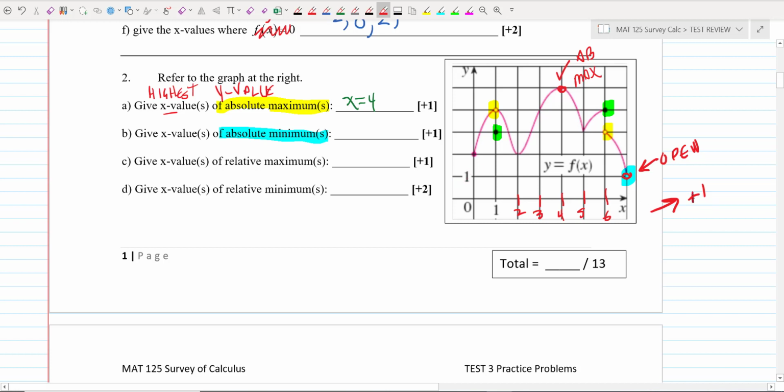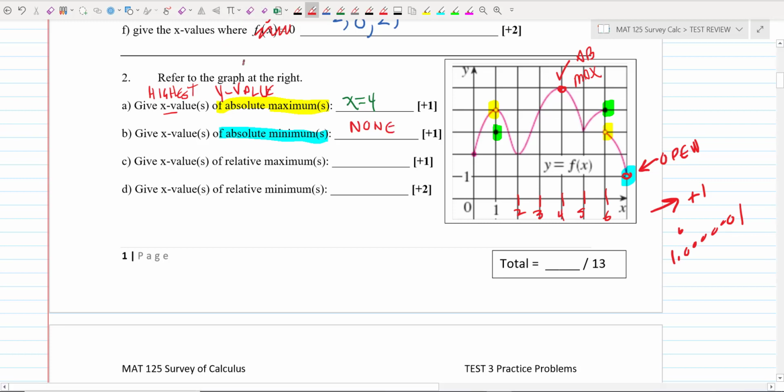I'm sorry, to +1. So it's never going to make it to +1. It's just going to become like 1.0000, as close as we want to 1, but it'll never hit that. So if you have a bubble, that cannot be an absolute max or min. So in this case, we do not have one.